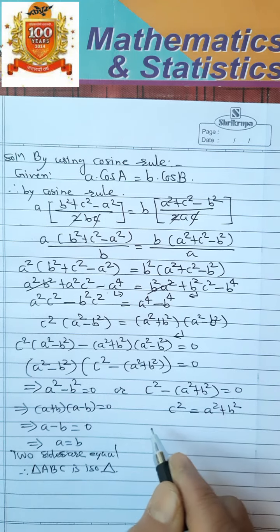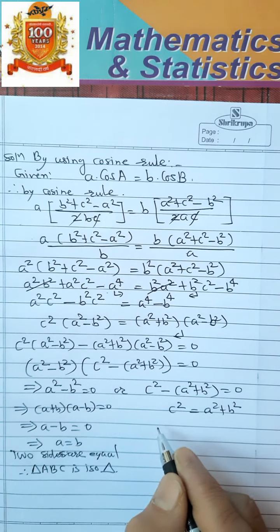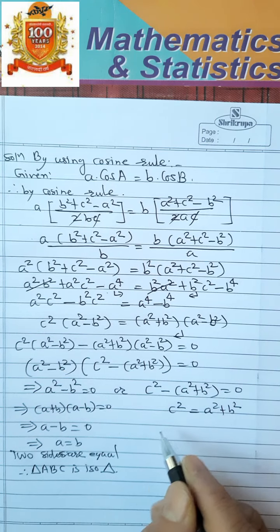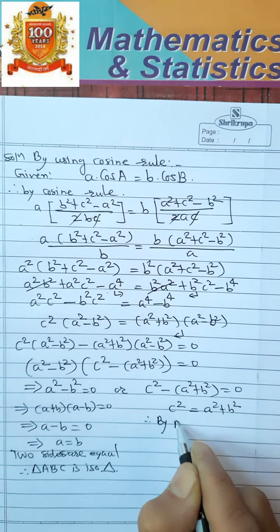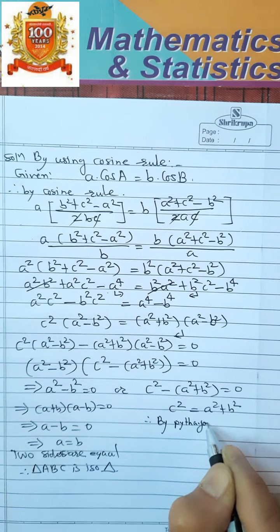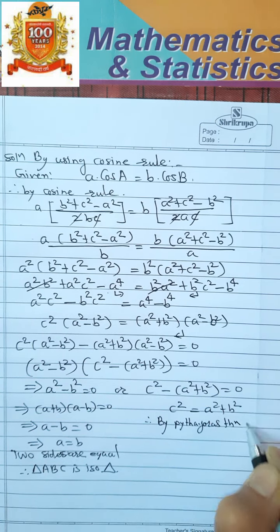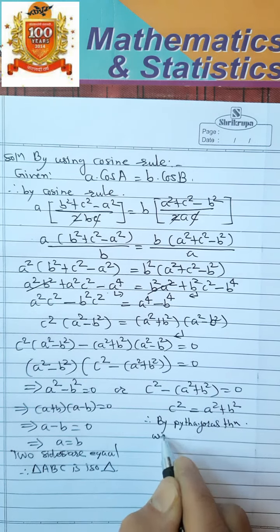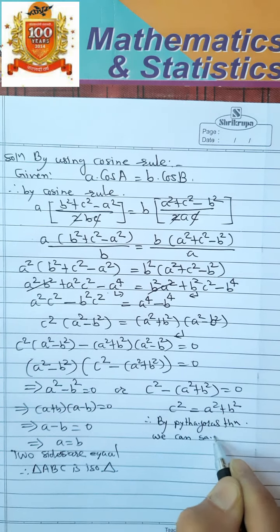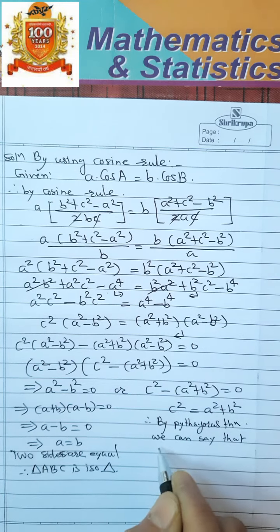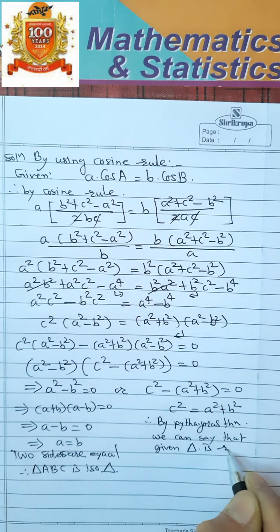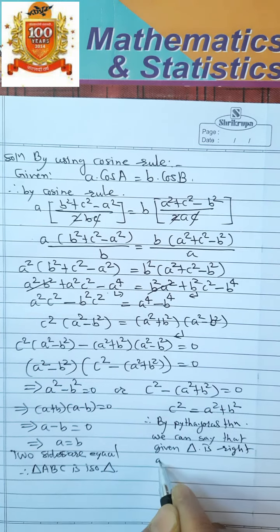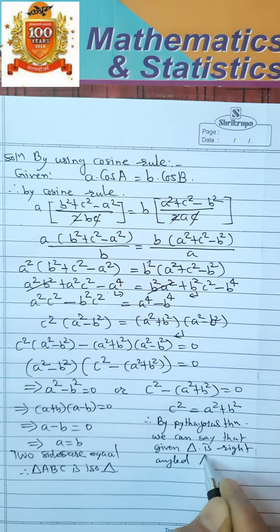This implies that one side, therefore by Pythagoras theorem, we can say that the given triangle is right angle triangle.